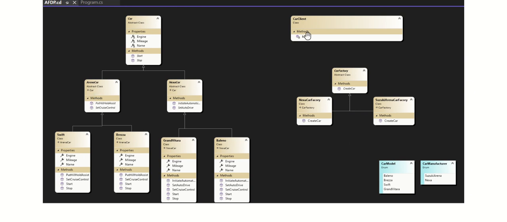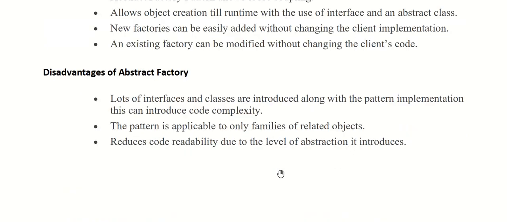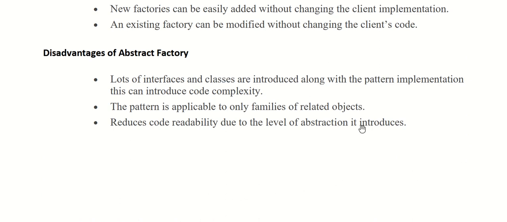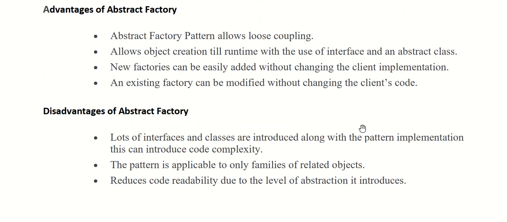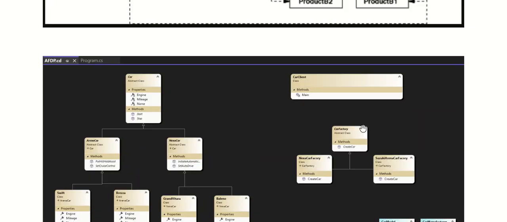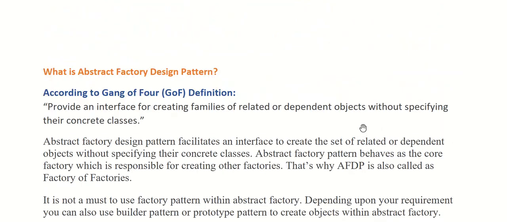Trust me guys, you won't make out what is happening in the UML diagram. That is the readability issue when the level of abstraction keeps increasing. But in spite of that, I think the abstract factory design pattern is the best approach when we want to deal with families of related objects.